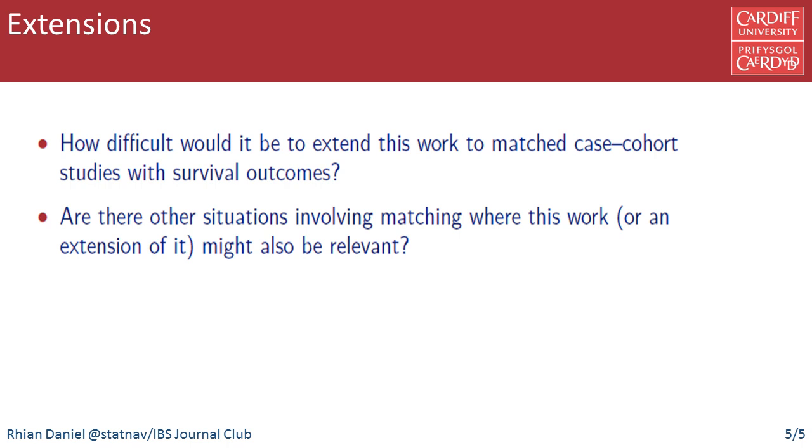So the next slide, oh yes, other situations, so you talked about propensity scores. This would be when you're interested in the effect of treatment on an outcome, and you've got confounding because it's an observational study and people aren't randomly assigned to treatment.